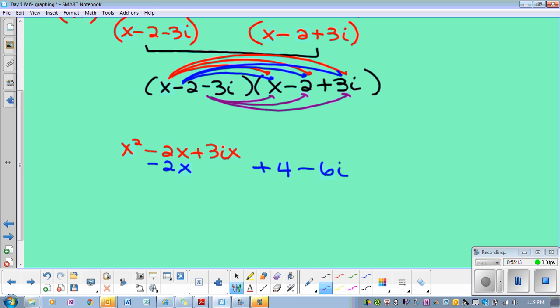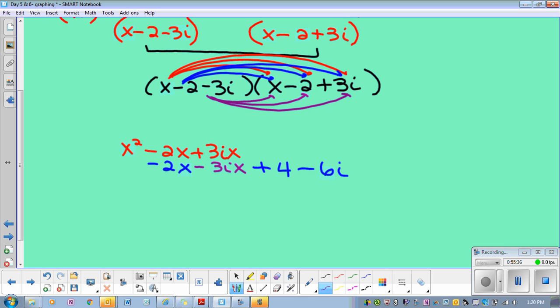Now, negative 3i times x is negative 3ix. And you know what? I could put it in the next row, but there's an empty spot right there, so I just put it in there.